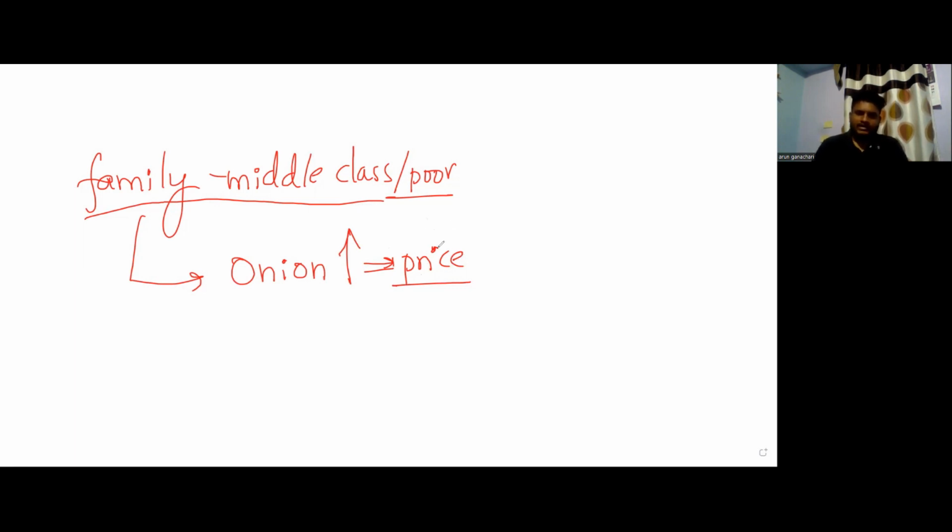We are talking about a middle class or a poor family. You can take the example of your dhabas or hotels. As soon as the onion prices go up, the amount of onion they'll serve you as a salad initially will decrease, yes or no? Yeah, you have seen this. The amount of onion they'll give you in a salad plate when you enter the restaurant will drastically reduce as the price goes up.